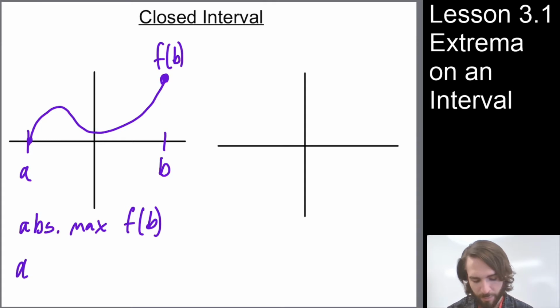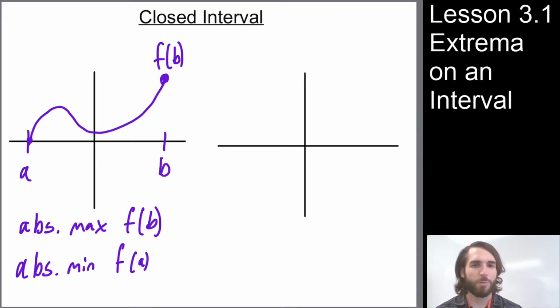And the absolute minimum is f of a. So the maximum and minimum values are y values. Now we could say the absolute max is at x equals b, so it occurs at an x value, but the maximum value itself is a y value, f of b.